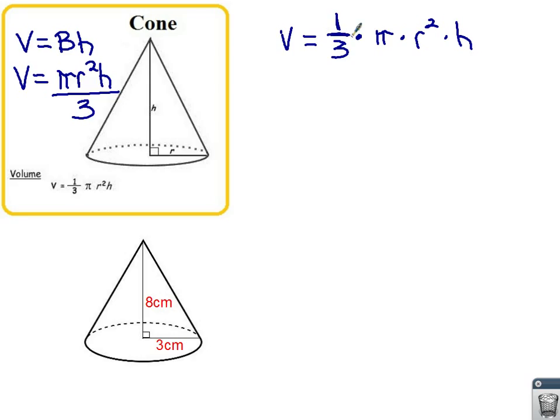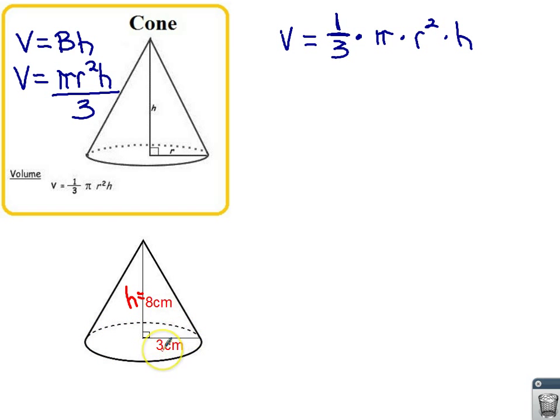All right, let's plug in some information from the example down below. We're going to solve one of these. It looks like the height of the cone, h, is 8 centimeters. And then they give us the radius. That's great. They did not give us a diameter, so we don't have to cut that diameter in half to find the radius.